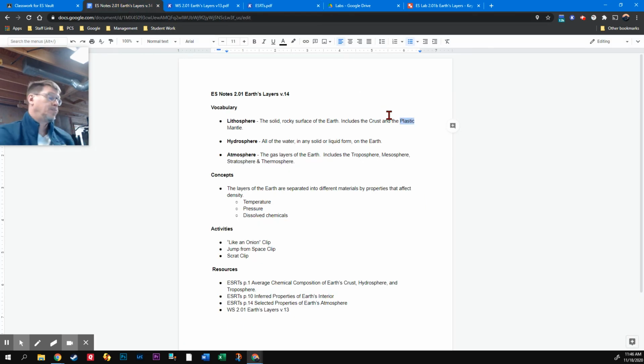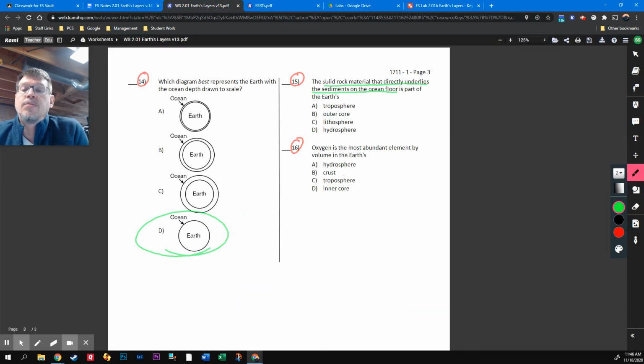Rigid obviously means stiff, rock-like, so hard rock. So it includes the crust and the rigid mantle. Then we go back to our questions. The solid rock material that directly underlies the sediments of the ocean floor is the lithosphere, by definition from our notes.